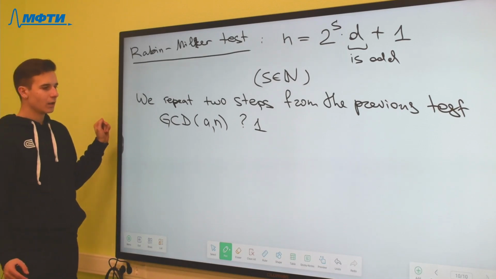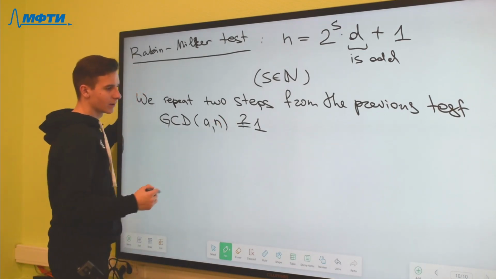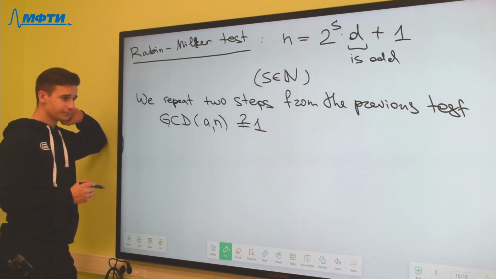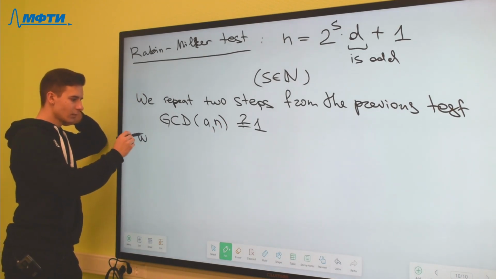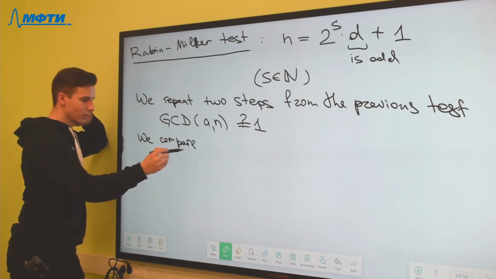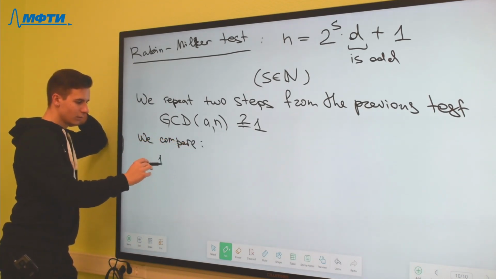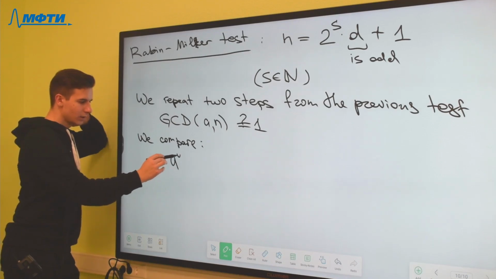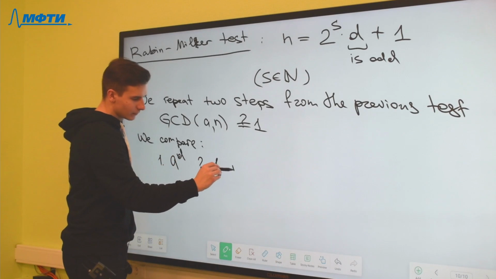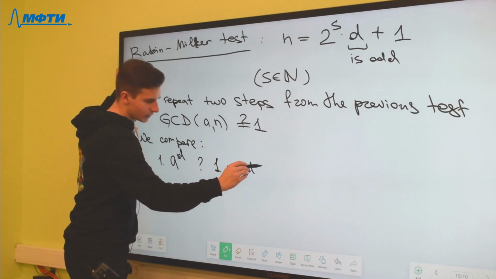So if we have this equation, then we compare a to the power d with 1 modulo n.